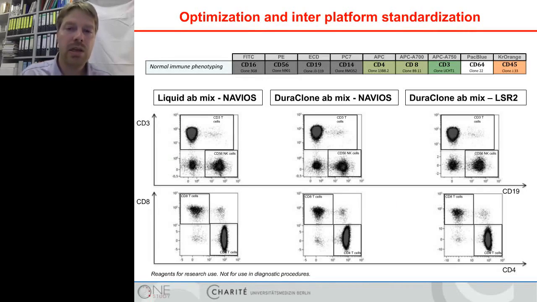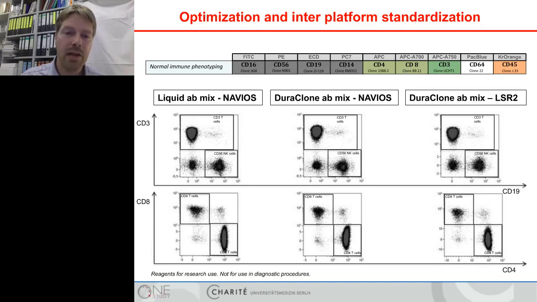We did this inter-platform standardization in our own laboratory using liquid antibody mixes and the DuraClone antibody mixes of the same panels. Then we measured the samples on the reference machine for the ONE Study trial, and also on a second platform.